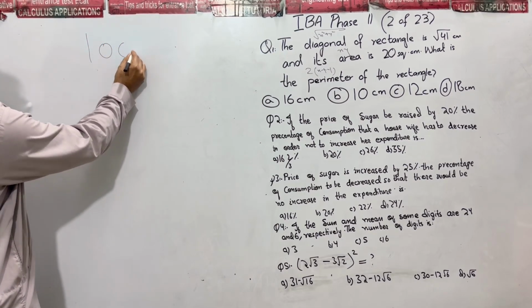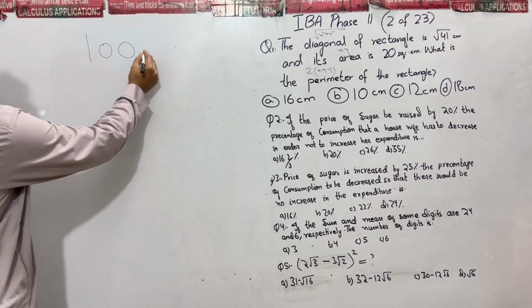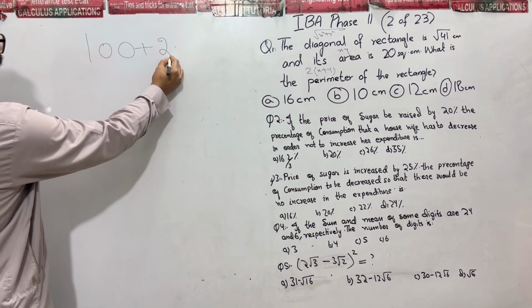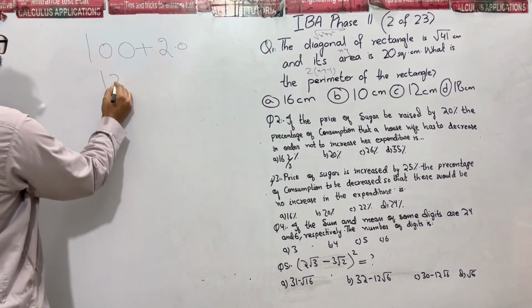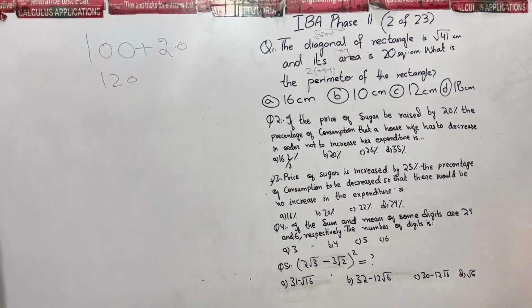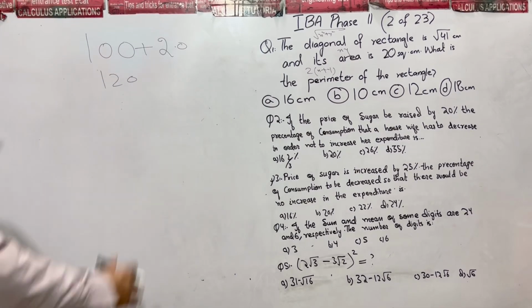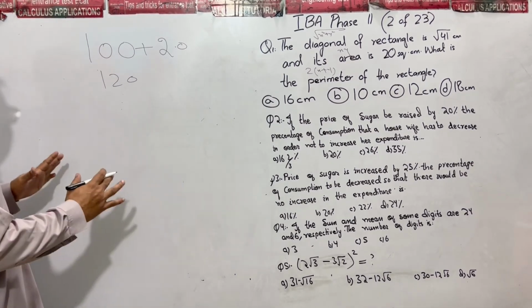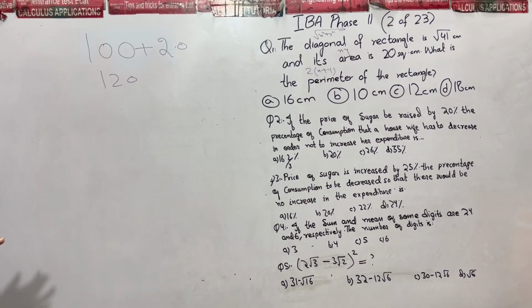Normally 100 is taken for the percent, plus 20 increase, now we have 120%. Consumption of sugar has to be curtailed in order not to disturb her budget; expenditure remains the same.